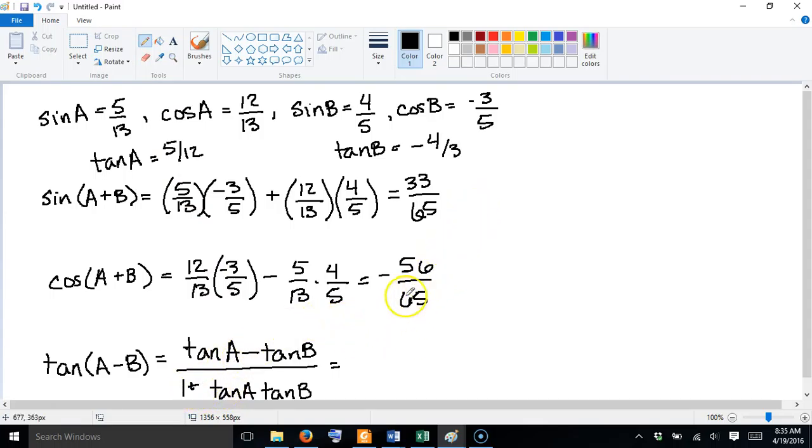Okay, so tangent A, 5/12, minus tangent B, negative 4/3, and then 1 minus both of these values multiplied now.